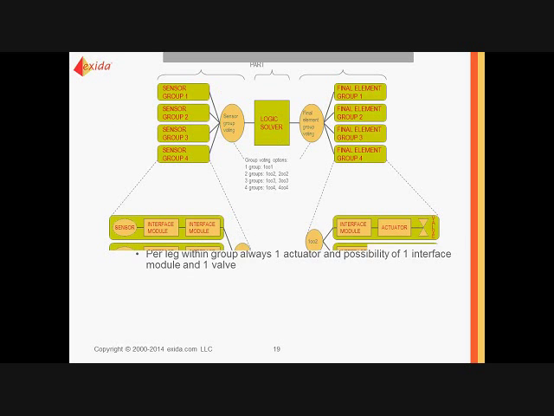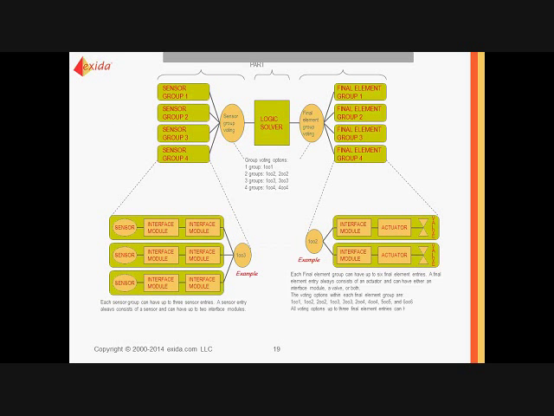So if we look at it in these terms, here you have the sensor group voting, here you have the final element group voting, and you can see that for a sensor you can have 2 interface modules, and for the final element you can have an interface module, an actuator, and then the valve. Each of the sensor groups can have up to 3 sensor entries.